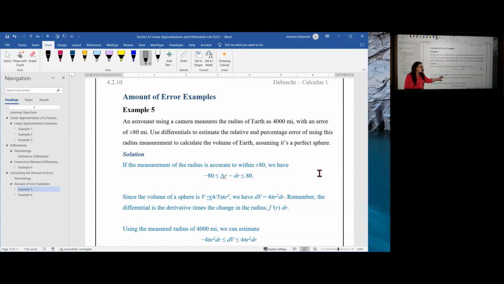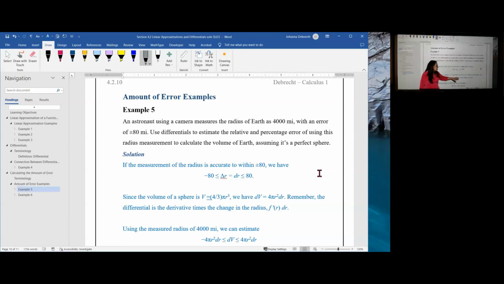The volume of a sphere is 4/3 pi r cubed. We know from what we did earlier that the change in the approximation function is given by the derivative at that value times the differential dr. What we want to compute then is the differential dv.